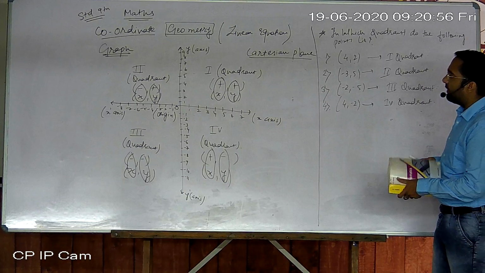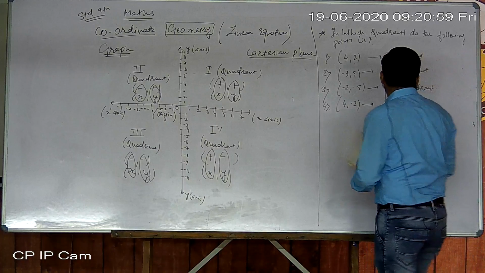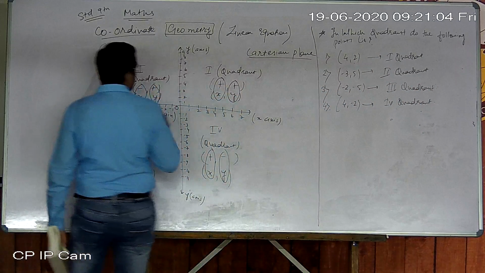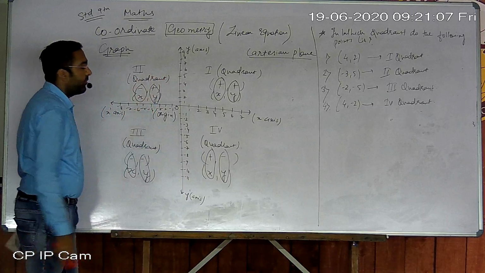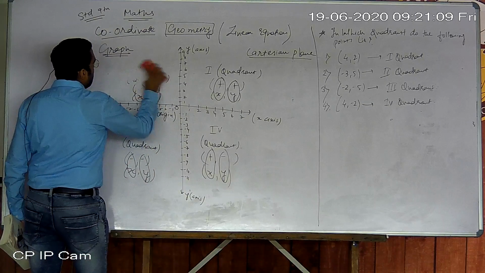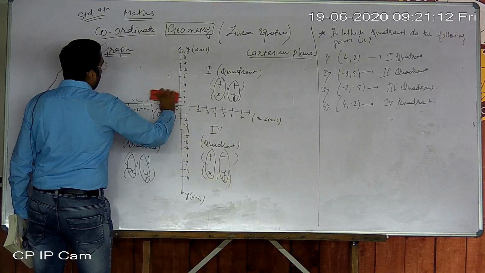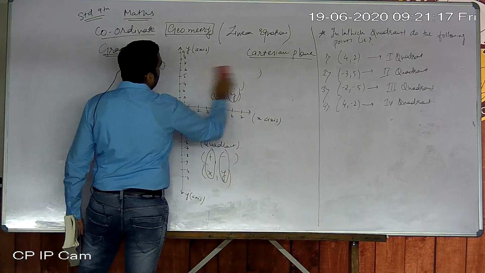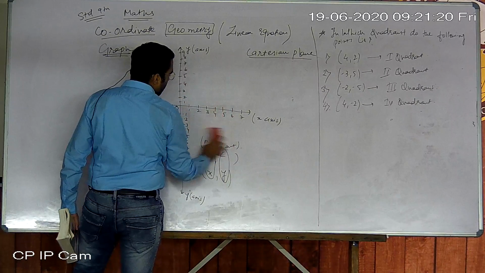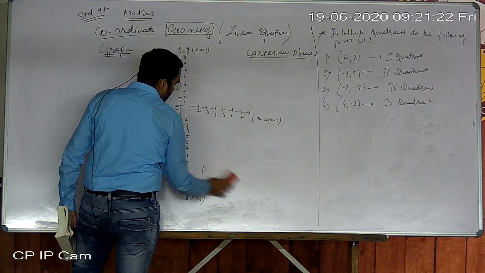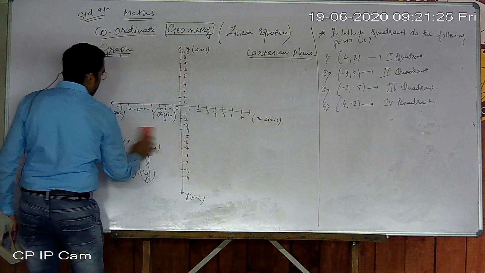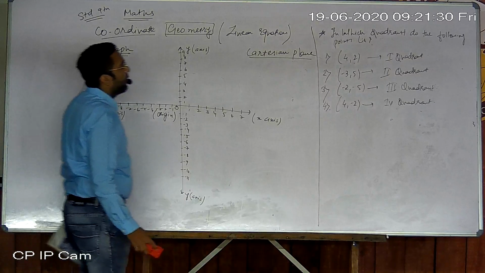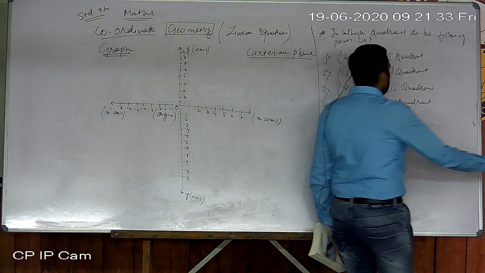Now we have to plot the points. Now we have to check how to plot those points on this graph. So I will rub this because I want to plot them on this graph. As per this, 4 comma 2 is in the first quadrant.